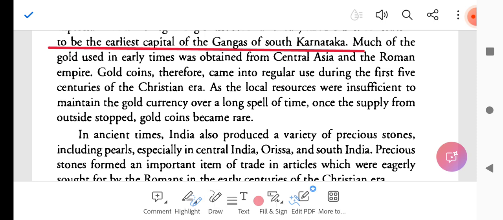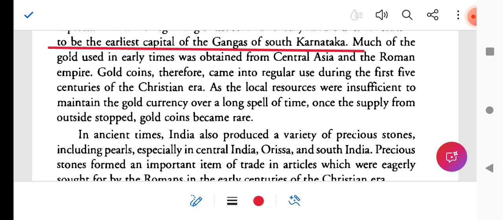So the Kolar mine is important, and it was connected by the Dakshin Path through the Malwa Plateau. Dakshin Path connected Magadh or Patliputra to Suvarnagiri, located in Karnataka.